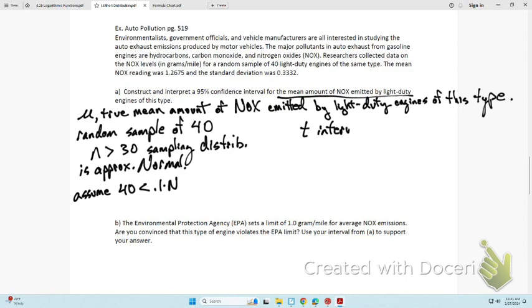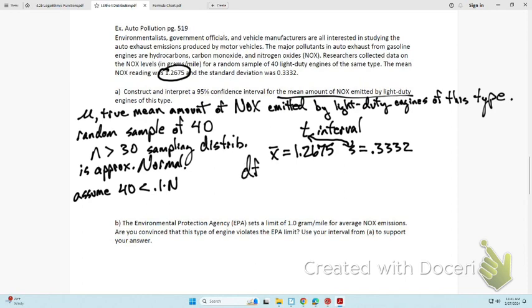Now be really careful how you write your notation on the values they gave us. This right here is X bar. Notice these 2 values are talked about right after it says the sample size. So those are sample values. They are statistics, not population values, which causes us to do T because that's S and not sigma. All right.